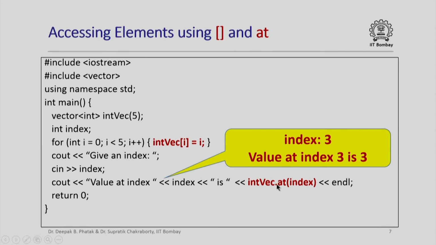Well, the at member function actually checks whether the index that you are using is out of range given the size of the vector, and if so, it is going to throw an out of range exception.